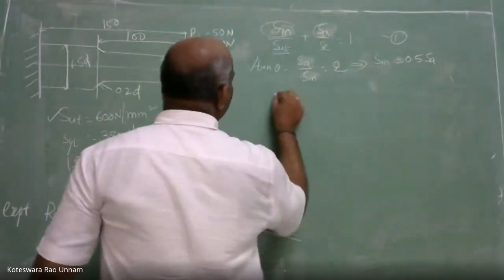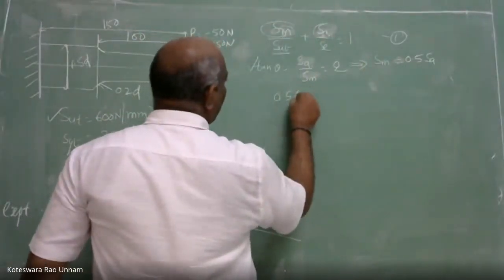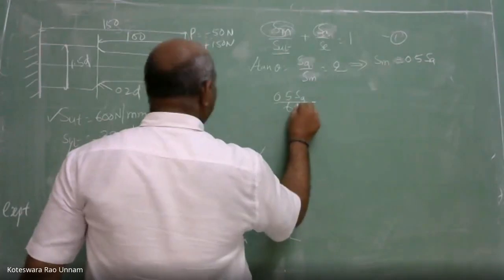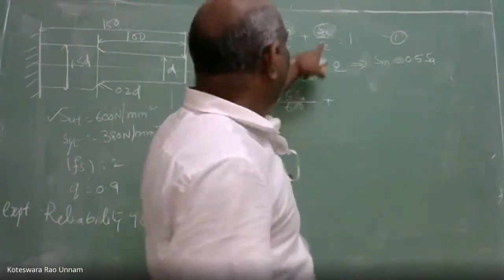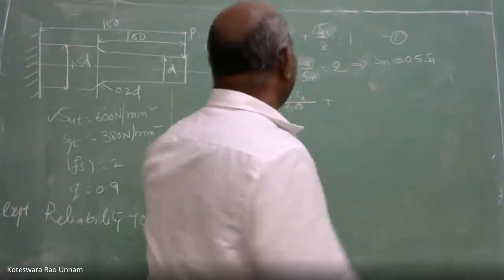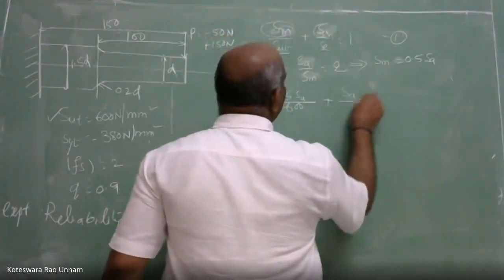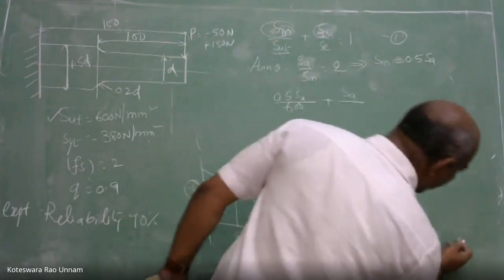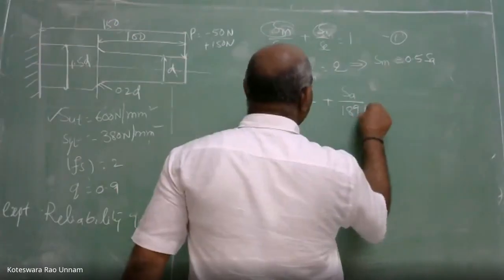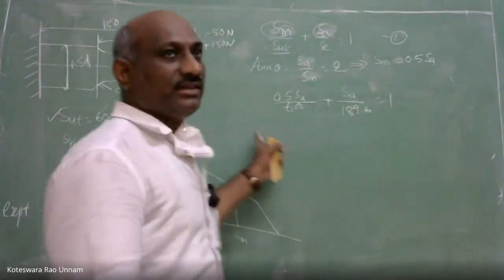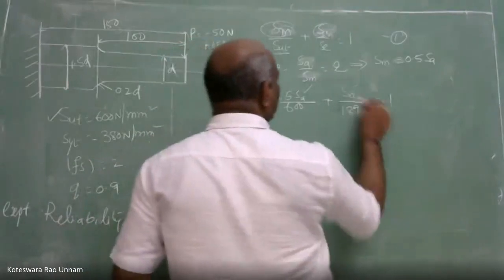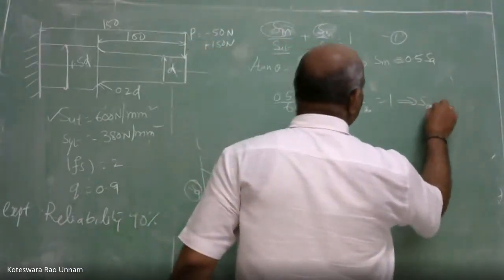Wherever Sm is there, I'll substitute 0.5 Sa divided by Sut, which is 600, plus Sa, I'll keep it as Sa itself, divided by Se, we got it as 189.16, which is equal to 1. Now in this entire equation, the only unknown for me is only Sa. So now you solve for Sa from this equation.